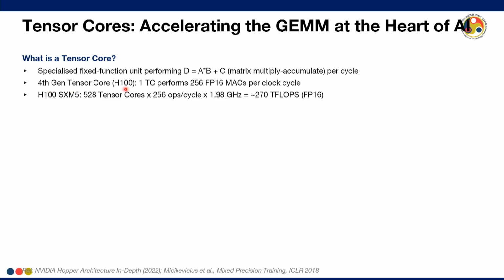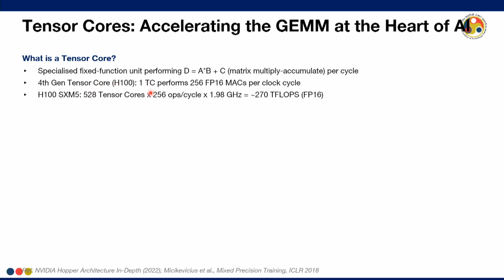You have these tensor cores performing around 256 floating point 16 MACs per clock cycle, which is the fourth generation tensor cores used in the H100 series of GPUs that you have seen in the previous slide, right?